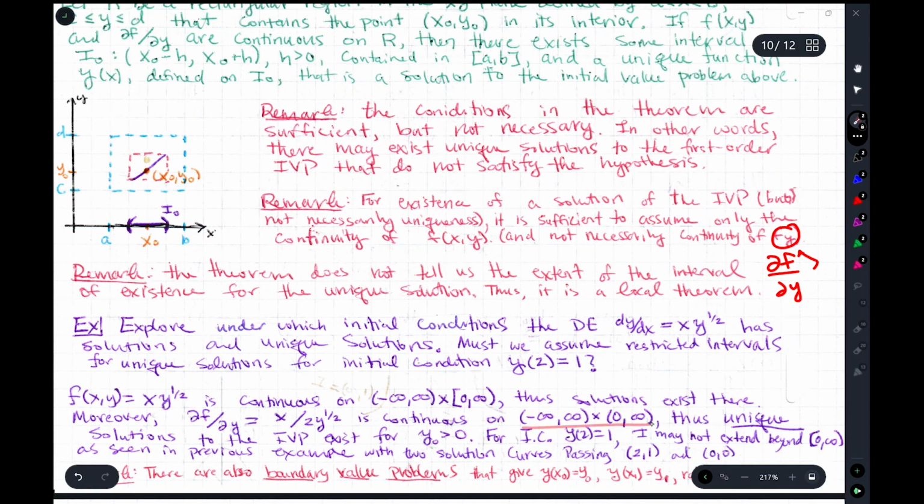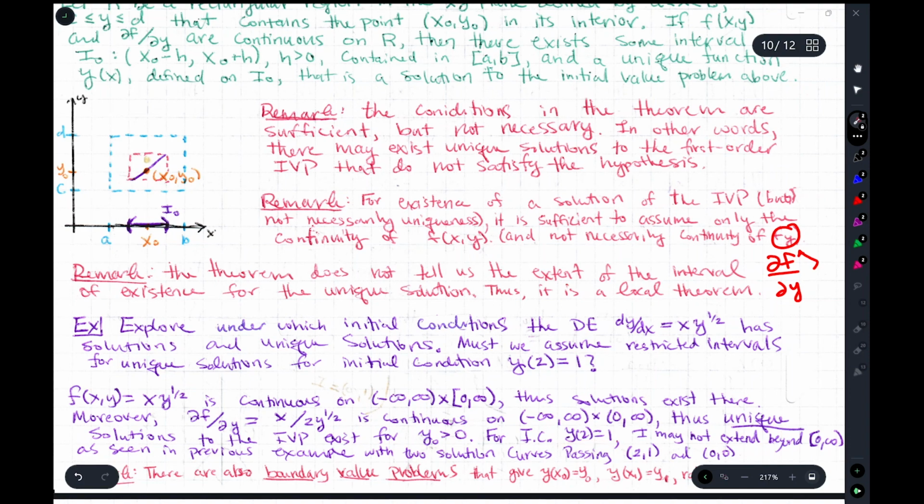So notice these two regions are not the same. Okay, we're guaranteed solutions in that rectangle, but in this restricted rectangle, we're guaranteed that the solutions are unique. So if you don't include the x-axis, you could get unique solutions. Thus, unique solutions to the initial value problems exist for y naught strictly greater than 0.